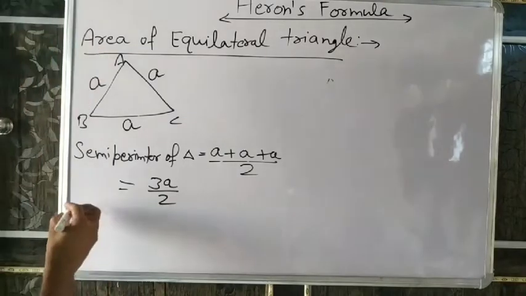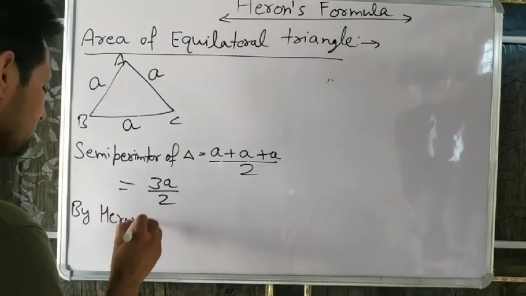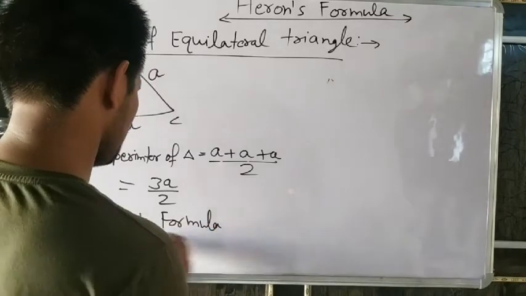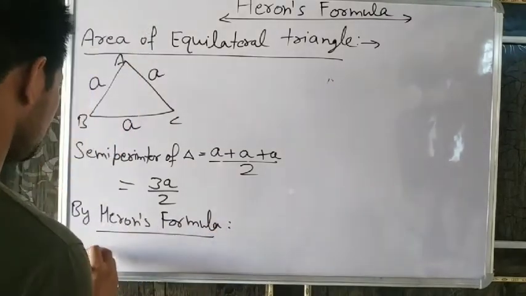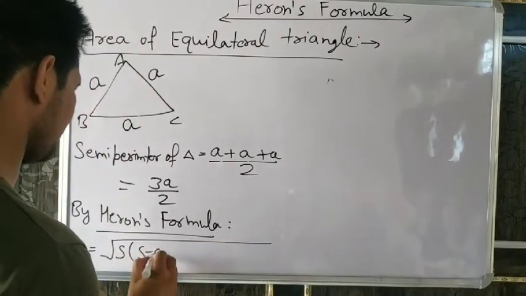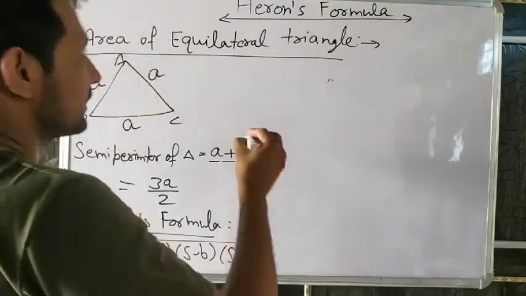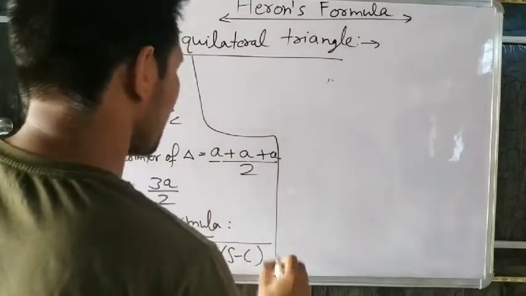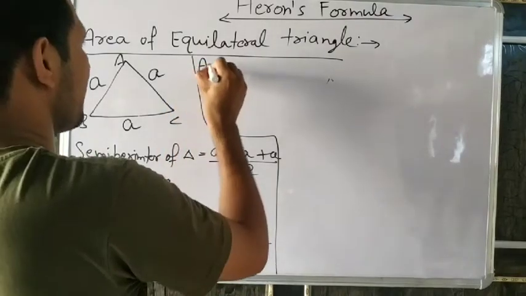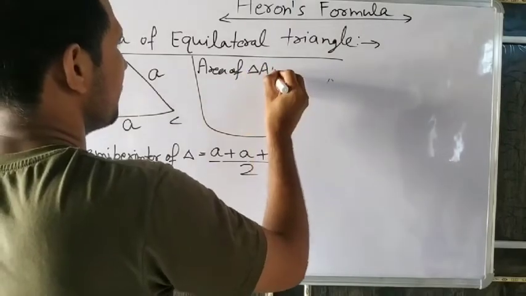Now apply Heron's formula. What is Heron's formula? Area of triangle equals the square root of S into S minus first side, into S minus second side, into S minus third side. Now we will write the area of triangle ABC.